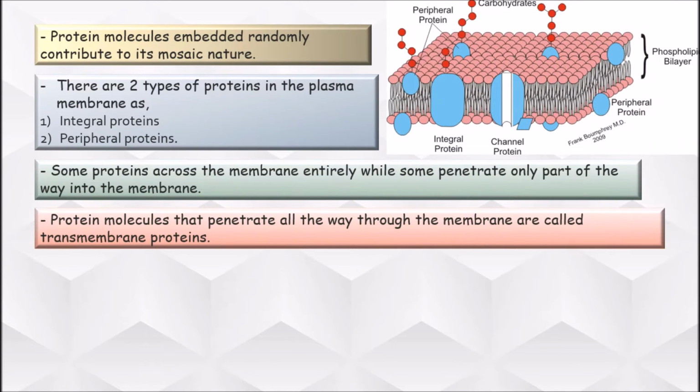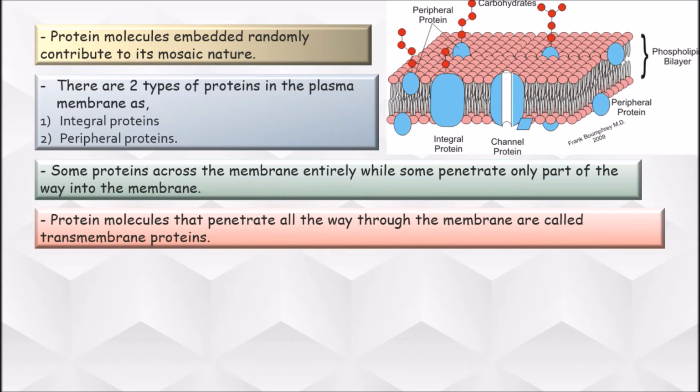There are two types of proteins in the plasma membrane: integral and peripheral. Integral proteins penetrate through the membrane. The protein molecules that penetrate all the way through the membrane are called transmembrane proteins, while some others penetrate only part of the way into the membrane.